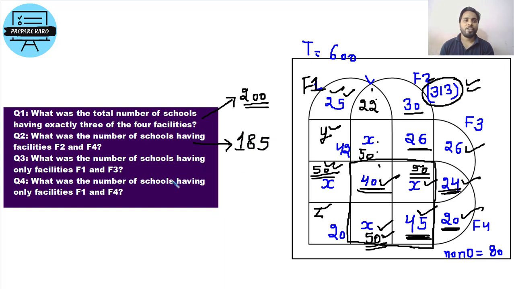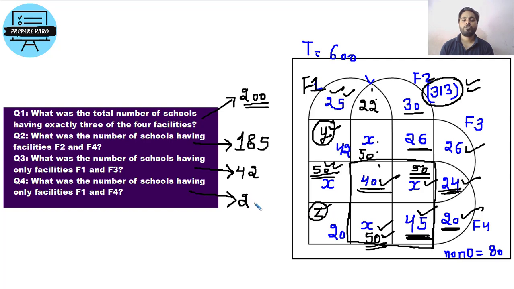Okay. Next, what was the number of schools having only facilities F1 and F3? So this is Y and Y is 42. And last region, only facilities F1 and F4. Last question. So this is Z.